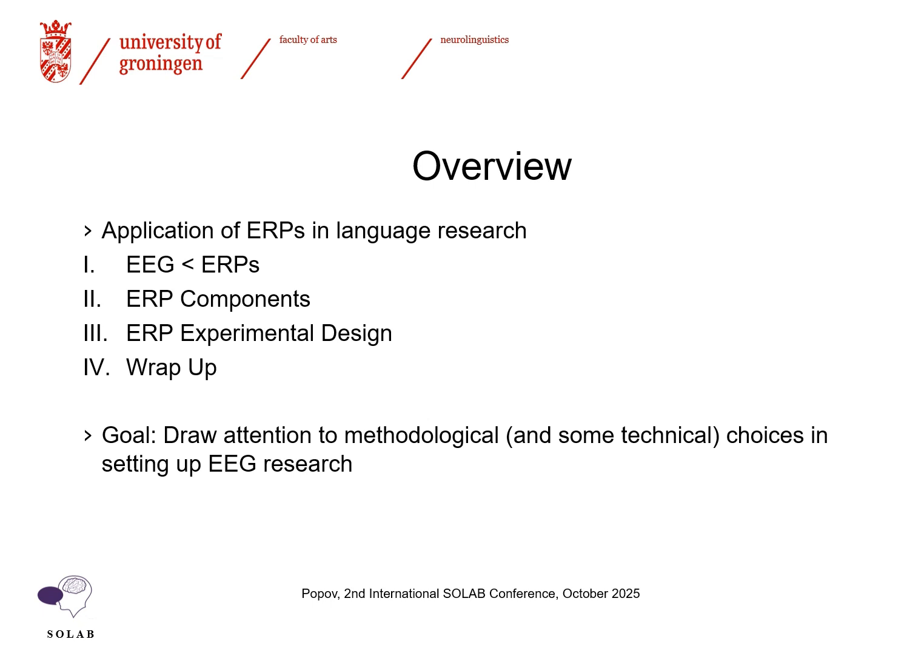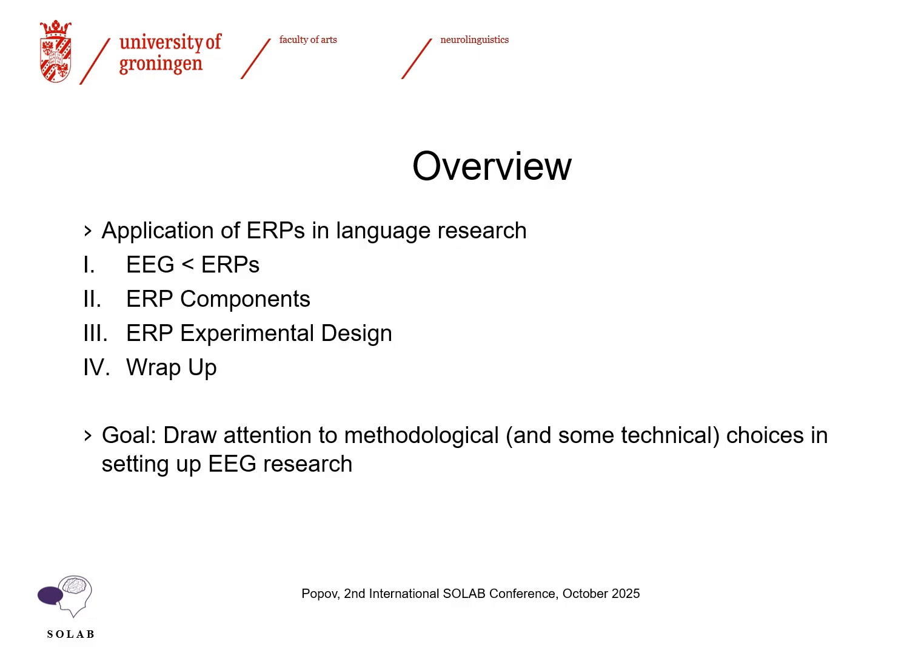And then I'm going to explain to you what event-related potentials are and how they're related to EEG, even though I trusted that most of you are familiar with this already. So I'll try not to take too much time talking about event-related potentials in general.